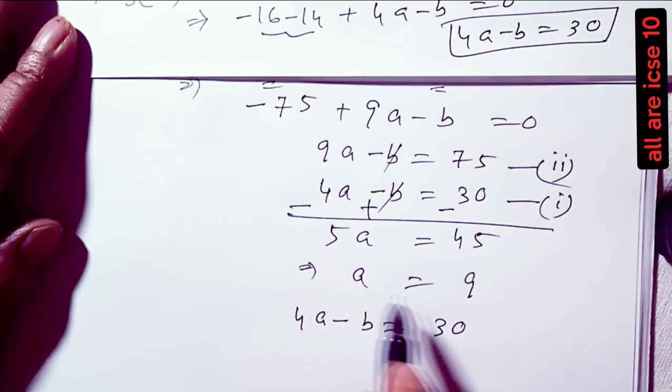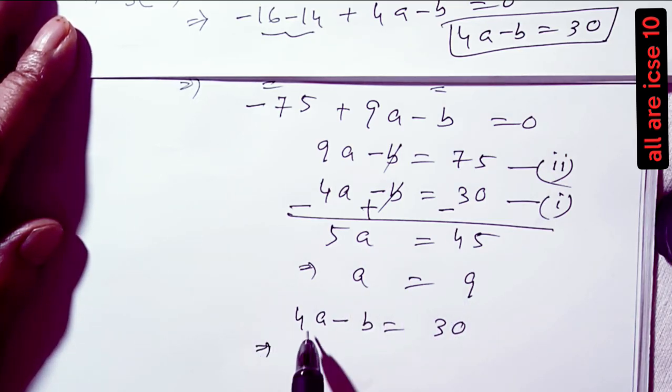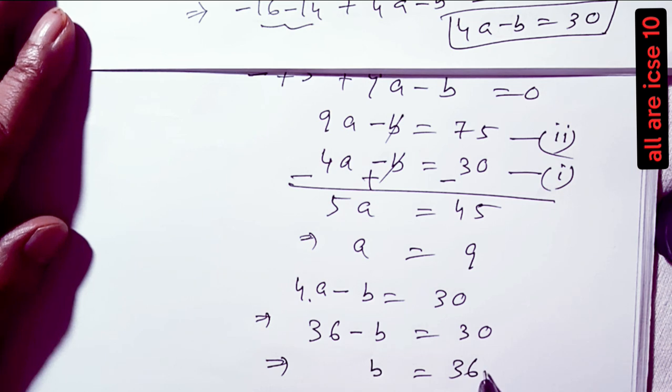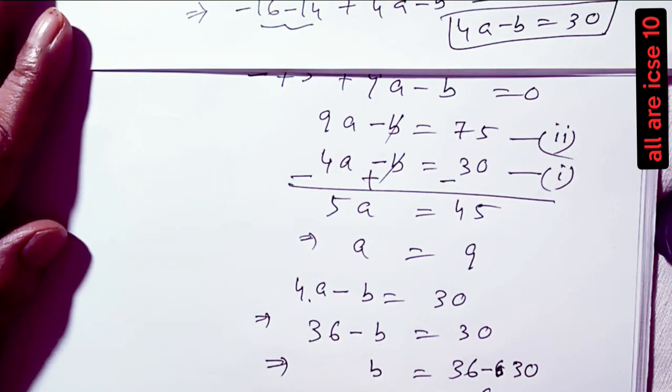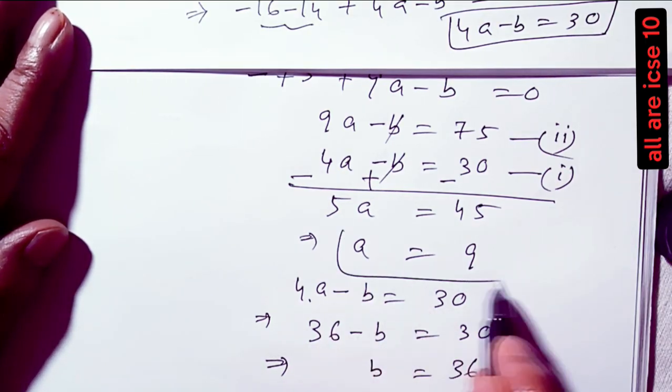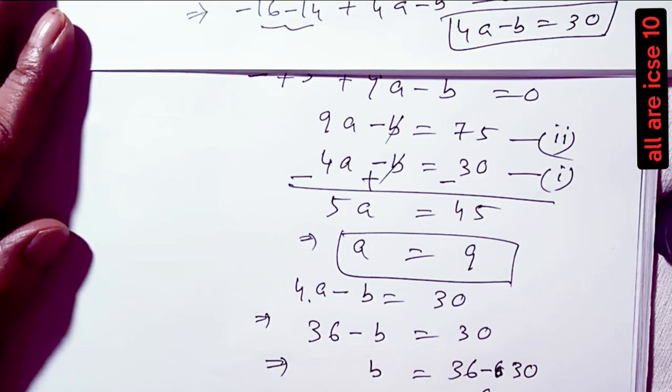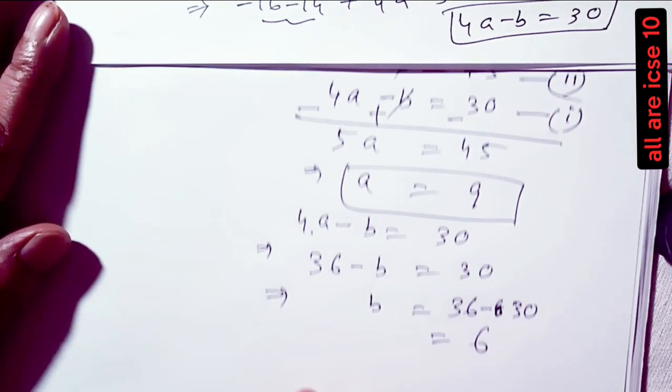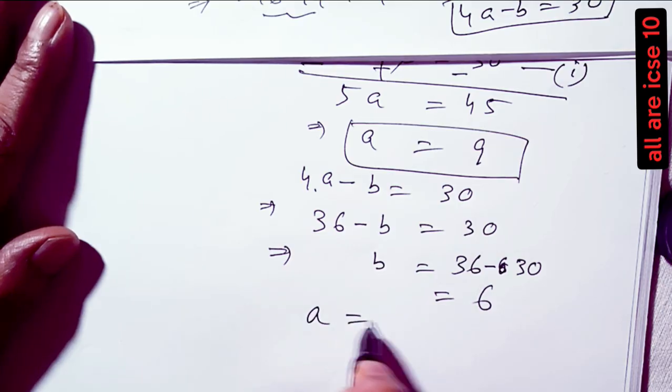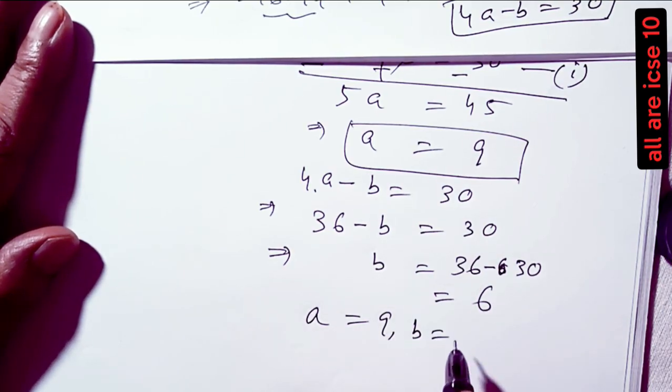I put here a equal to 9. So 4 multiplied by 9, 36 minus b equal to 30, and b equal to 36 minus 30, and this is 6. So our answer is a equal to 9 and b equal to 6.